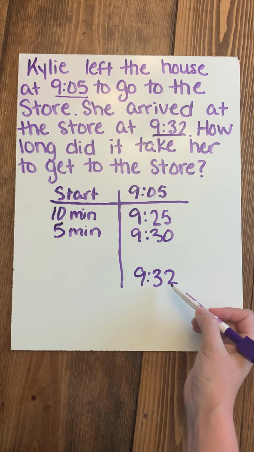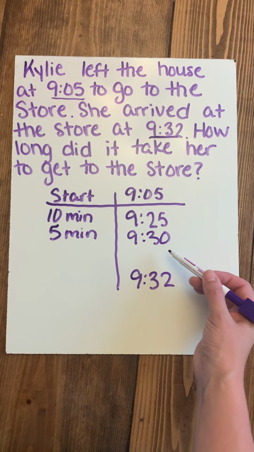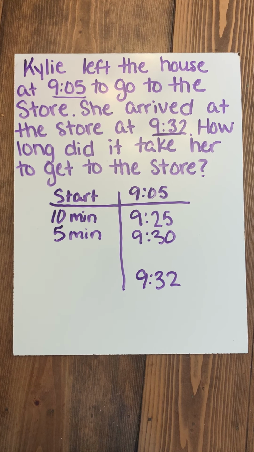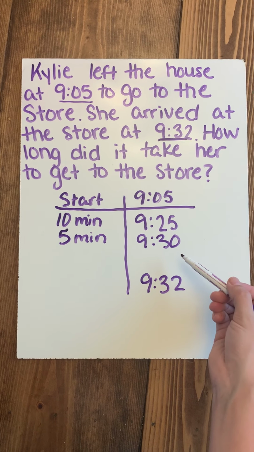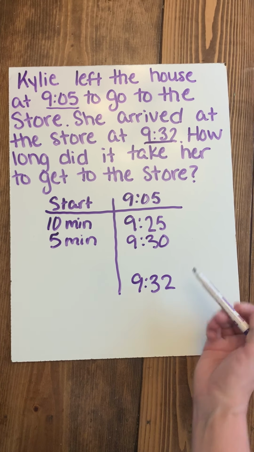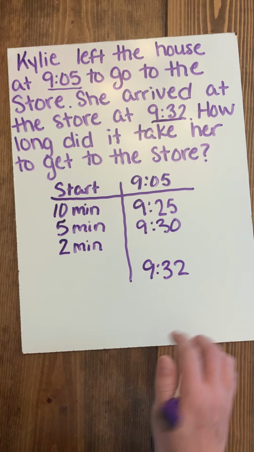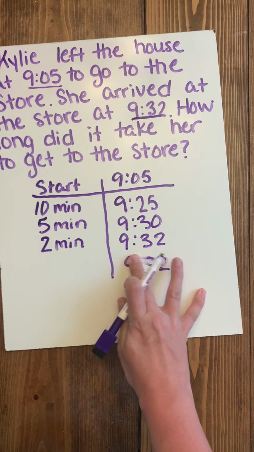Now my stop time is 9:32, and I'm now at 9:30. So I need to figure out what I can add to 9:30 to give me my stop time. 9:30 plus what is going to give me 9:32? 2 minutes. So I'm going to write 2 minutes over here. That's going to give me my stop time of 9:32.